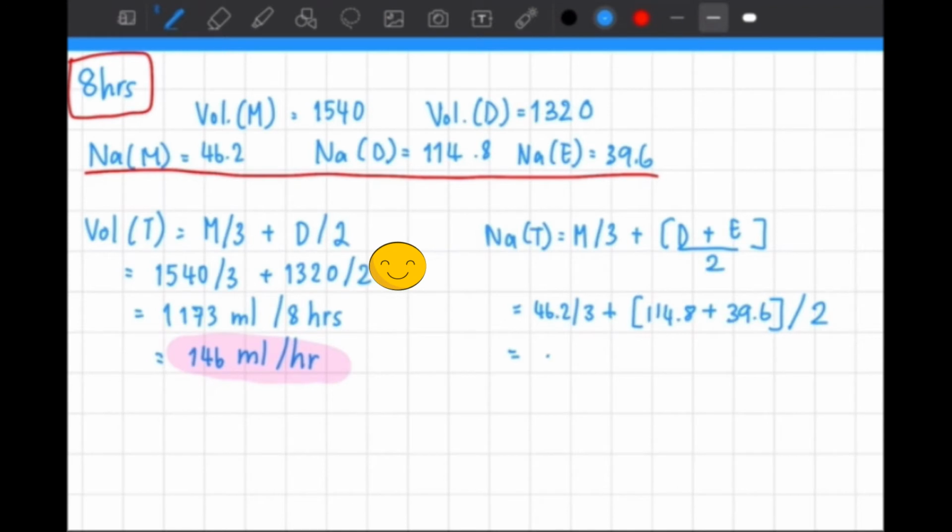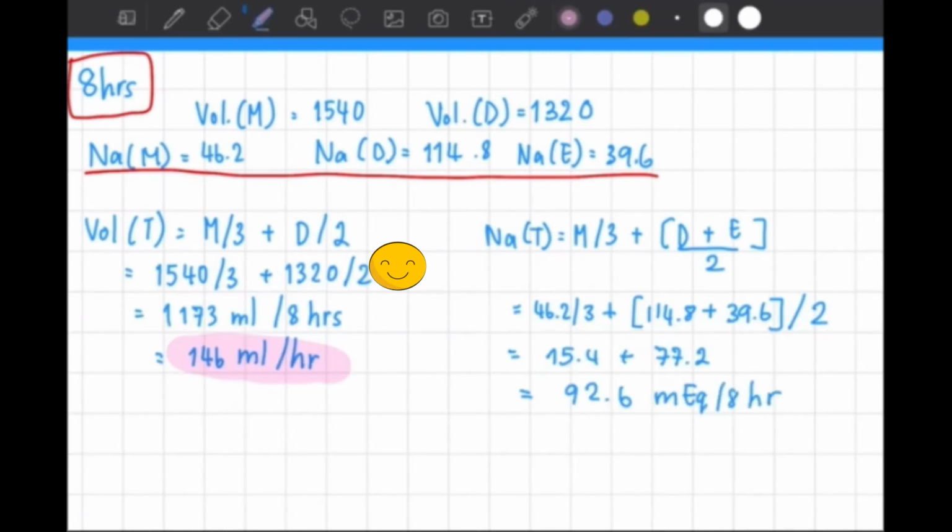So that's 115.4 plus 77.2. And what you would get is 92.6 MEQs per 8 hours. And there we have it.